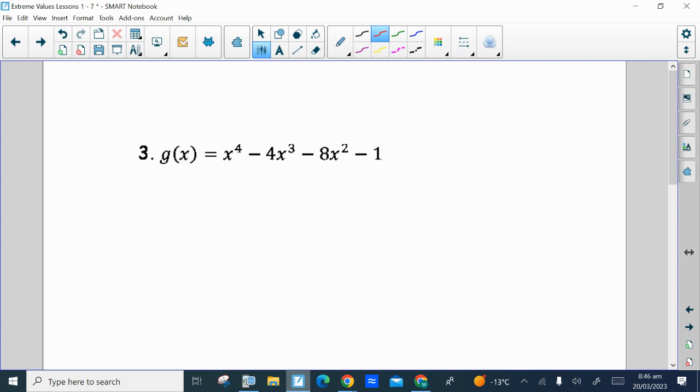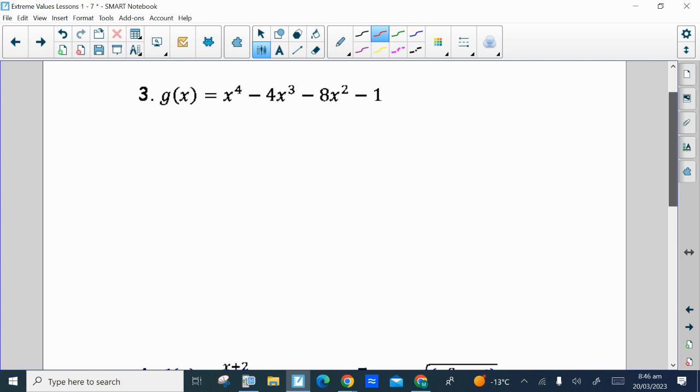So this next one is a 4th degree polynomial. We want to know where this is increasing, where it's decreasing. Again, it starts by finding the derivative, which will be 4x cubed minus 12x squared minus 16x.